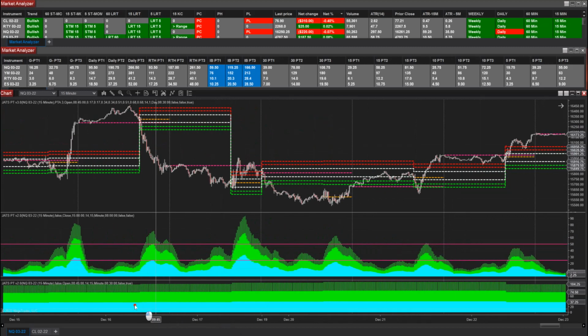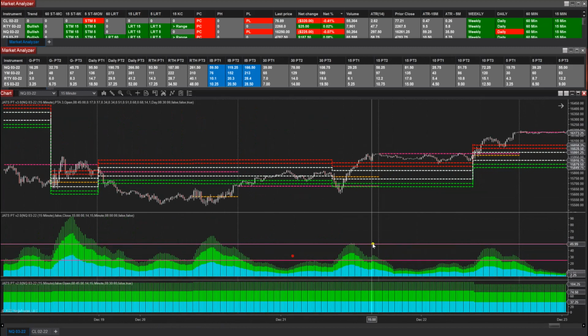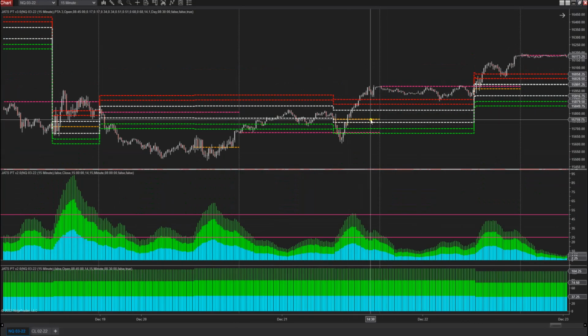I'm sorry. But yes, I think having the ability to just visualize where our ranges are, match it to our time frame that we like to trade, 5 minute, 15 minute, 30 minute, 60 minutes, Globex.